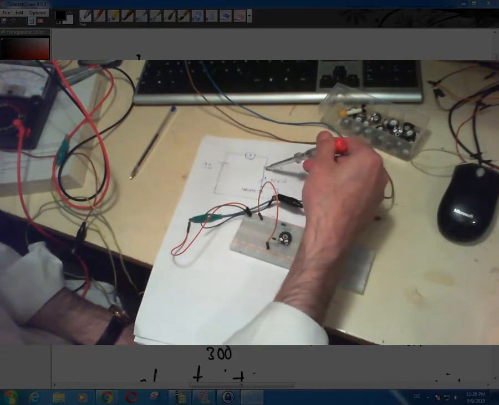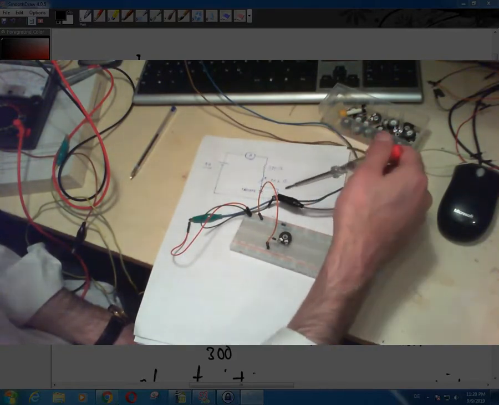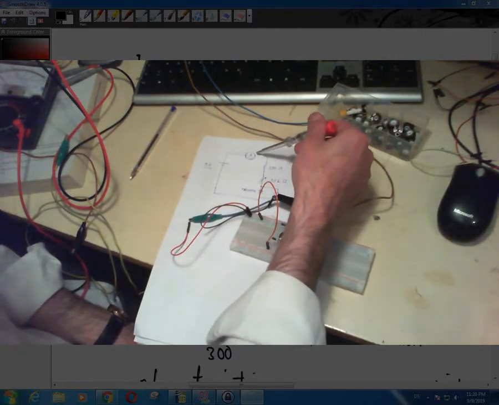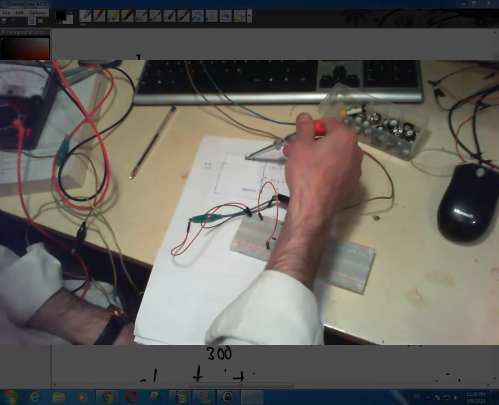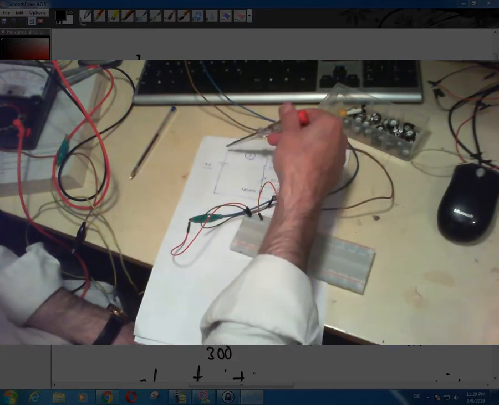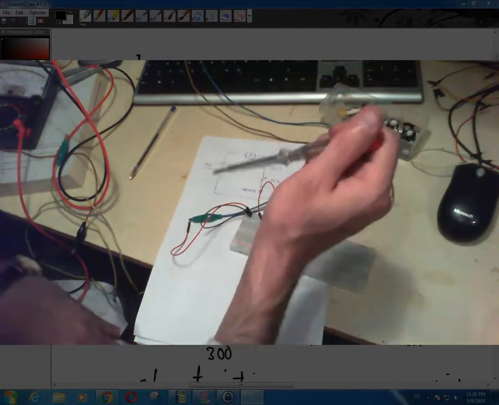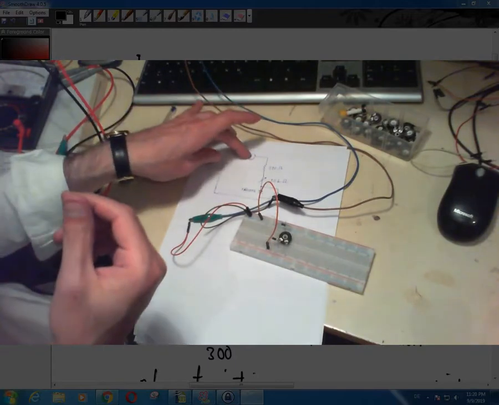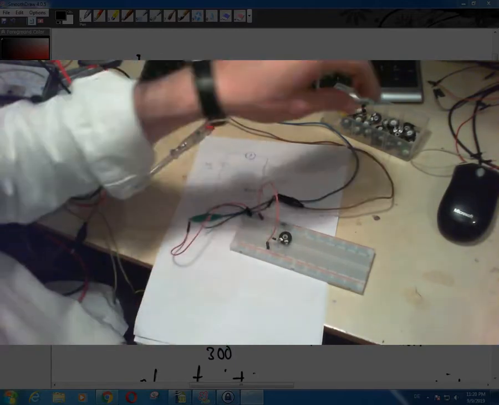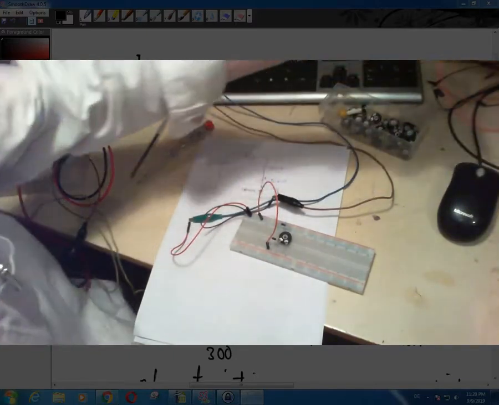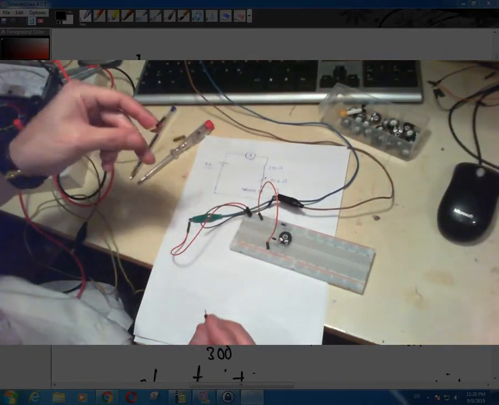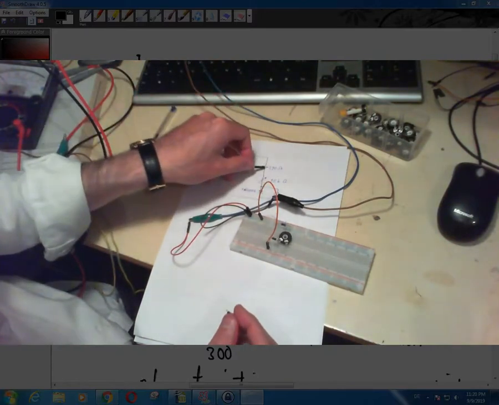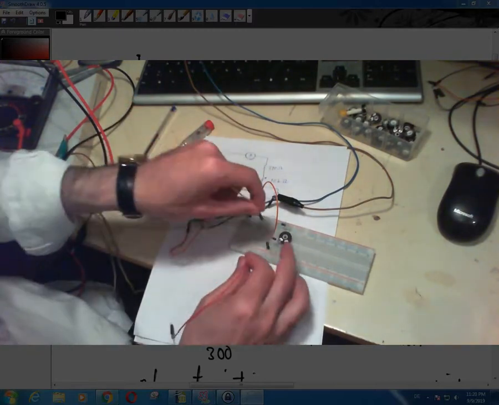And then you can see that one end of this 330 ohm resistor is connected to your potentiometer. The other end goes through an ammeter, and then to the positive rail of the power supply. So that means that somehow I need to set up this ammeter. The ammeter is connected to one end of this 330 ohm resistor, which would be here.